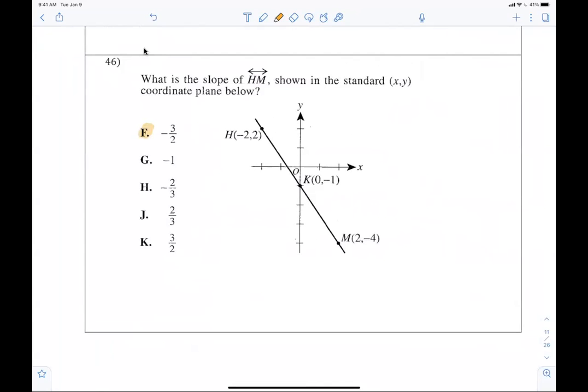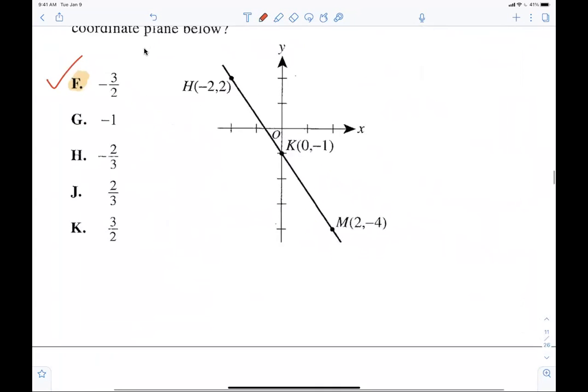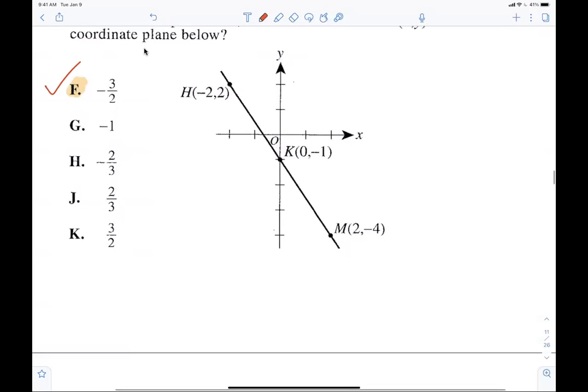F, another F. Everybody good with that? Again, you're just going from K to M. So if we're going from K to M, I start at -1 and I went down to -4. So that's -3. And then I went to the right 2. So again, -3 over 2. Perfect.